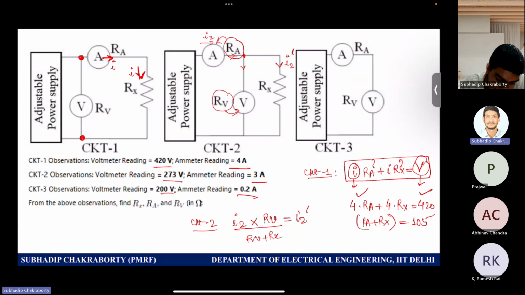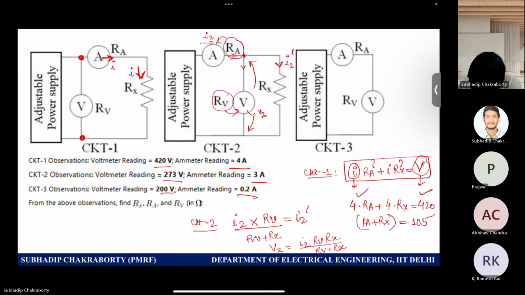Because you know this current I2, and the resistance of the other branch divided by the sum of the two, you got this current, which is I2 dash. Now what can I write? This voltage I can call V2, across this node. This V2 voltage is nothing but I2 dash times Rx, which is I2 times RV Rx divided by RV plus Rx. So now we have another set of equations.